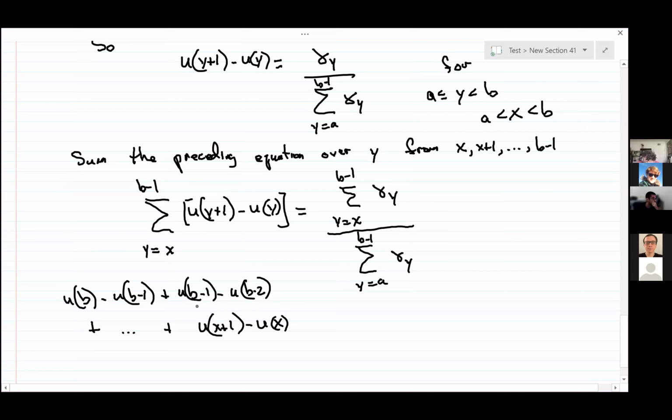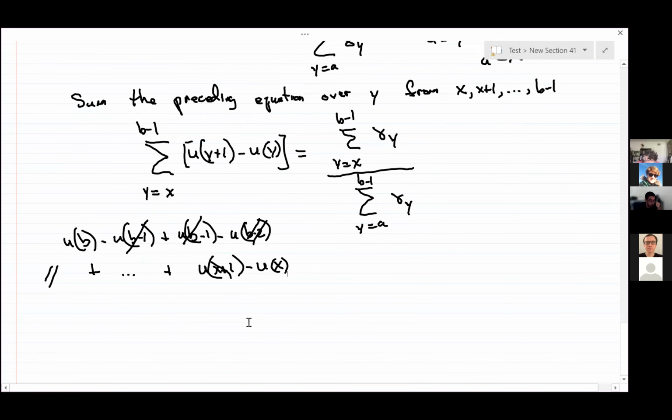Okay, but again, just as the other telescoping series works, the terms in the middle get canceled with each other. Everything gets canceled except for this term, and this will get canceled when it precedes it, and this one. So the left side of the equation becomes just ub minus ux.